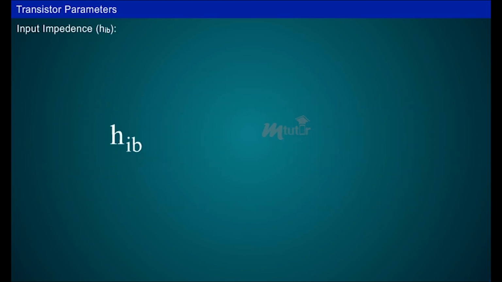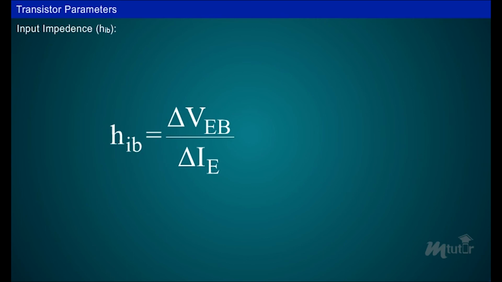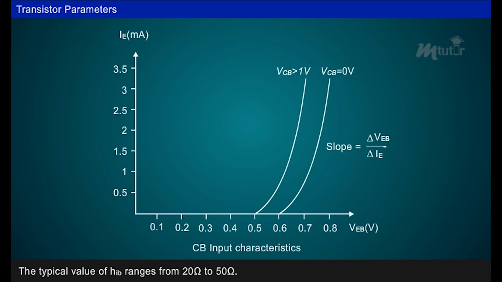Input impedance HIB is the ratio of the change in emitter base voltage to the change in emitter current with the collector base voltage VCB kept constant. It is the slope of CB input characteristics IE versus VEB. The typical value of HIB ranges from 20 to 50 ohm.